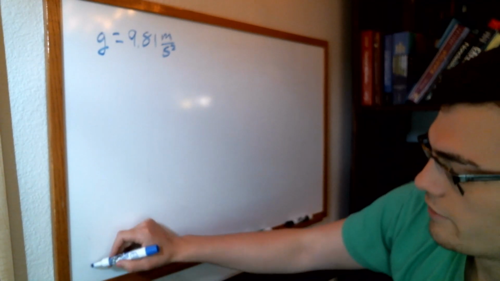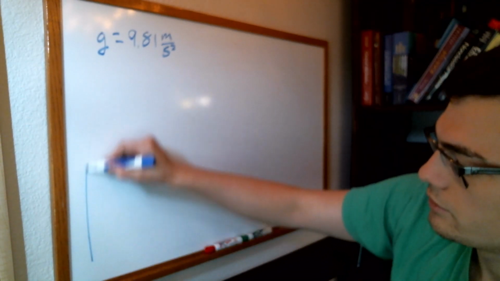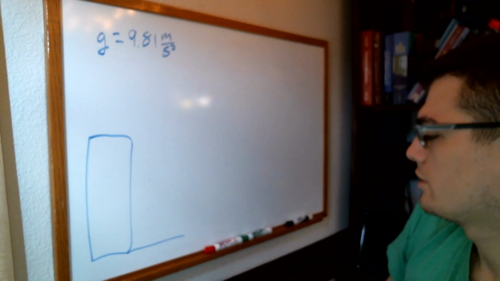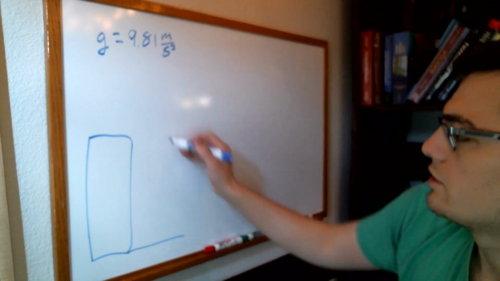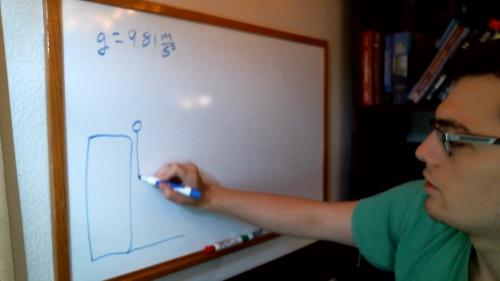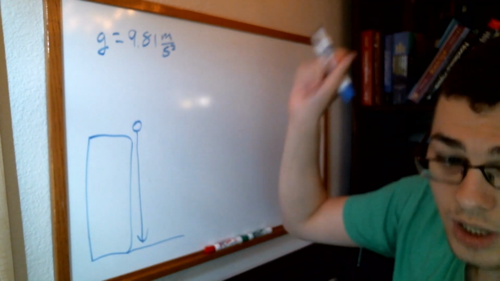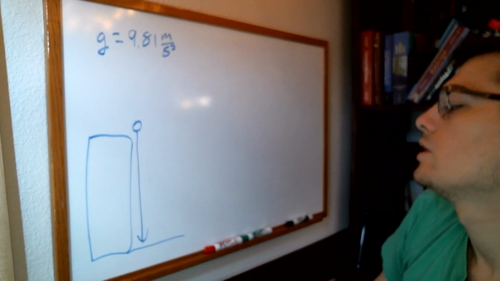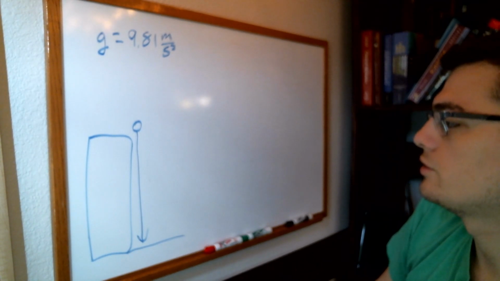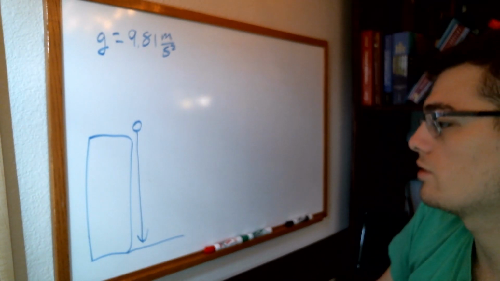So say we have a building here, right? And so this is the ground, and we're going to drop a ball off the top of the building. We're not going to throw it, we're just going to drop it. So we can use one of our kinematic equations here to find out how fast this ball is going at any point in time.